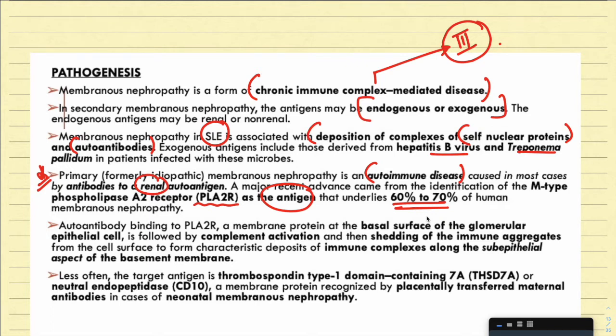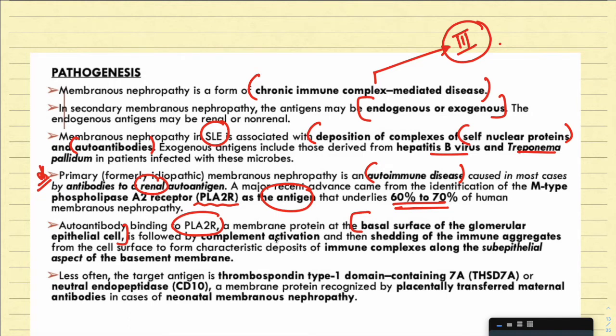Autoantibodies bind to this phospholipase A2 receptor, which is a membrane protein present at the basal surface of the glomerular epithelial cell. Very, very important. Which kind of epithelial cell? It is the visceral variety.